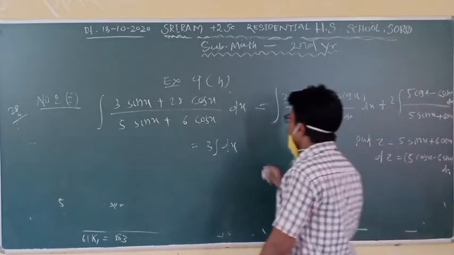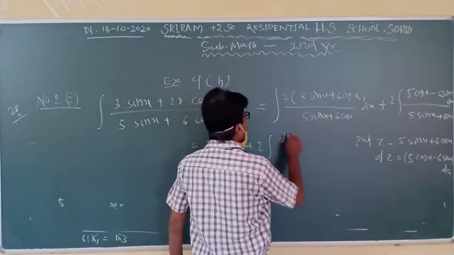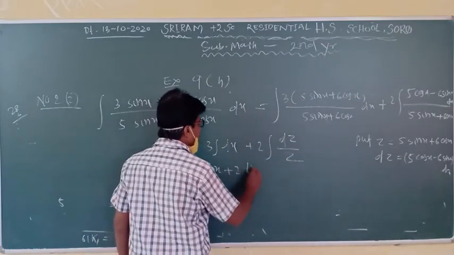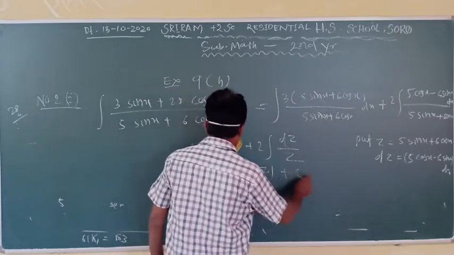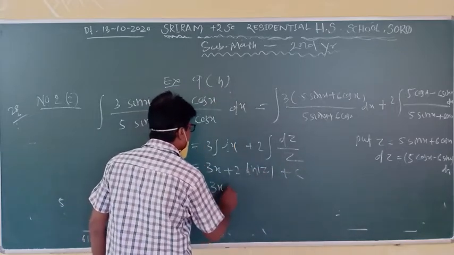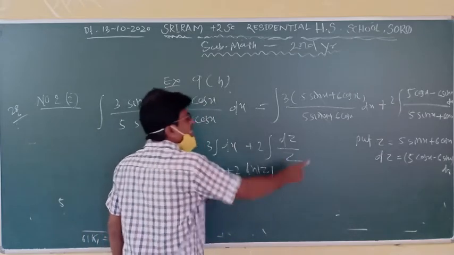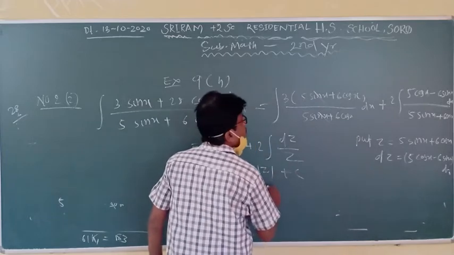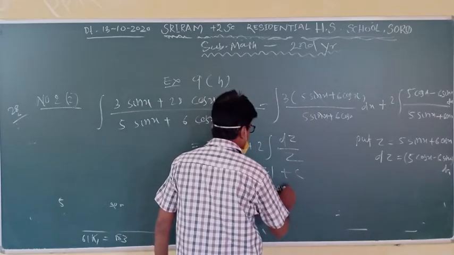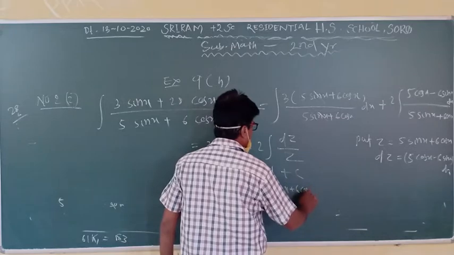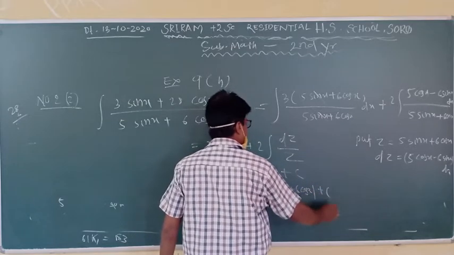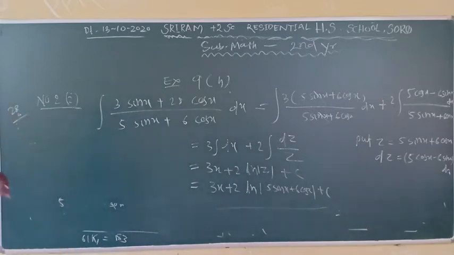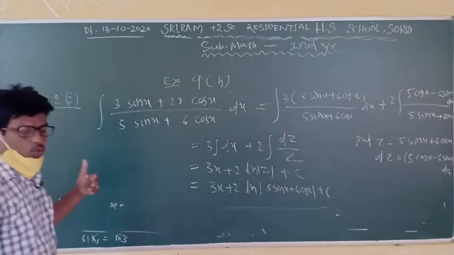So plus 3 dz by z. That becomes 3x plus 2 ln z plus c, which is 3x plus 2 ln of 5 sin x plus 6 cos x plus c. That is your answer. That is the method for solving number 2.